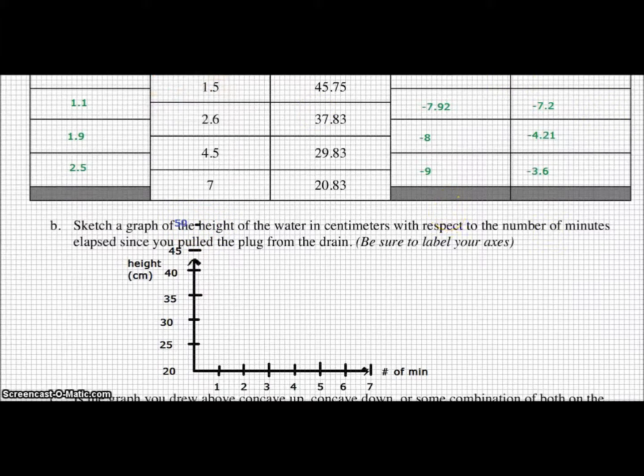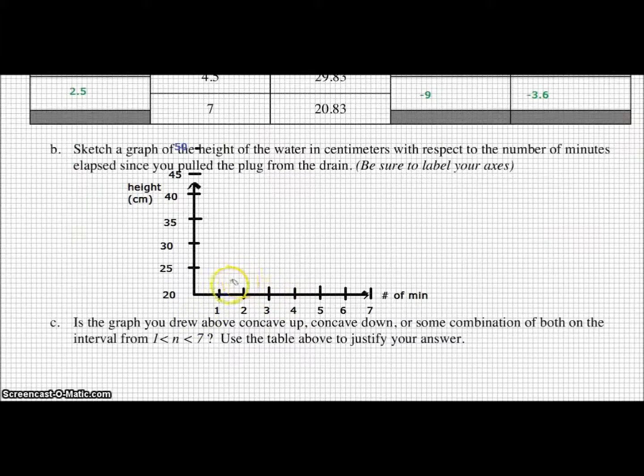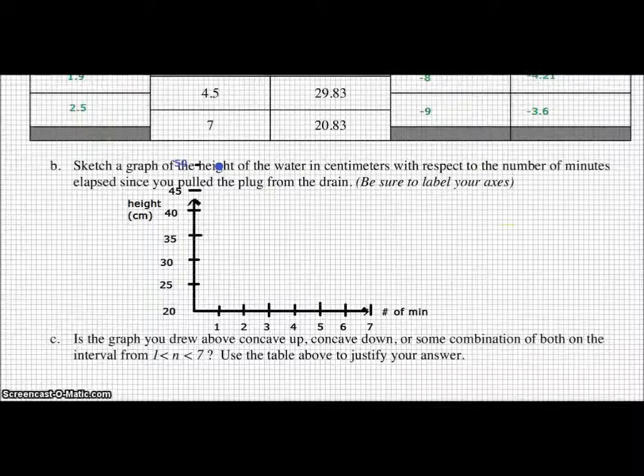Okay, let's graph this. When the number of minutes elapsed is 1, the height is 50. So when we're at 1 minute, the height is way up here at 50. When the number of minutes is 1.5, then the height is 45.75.